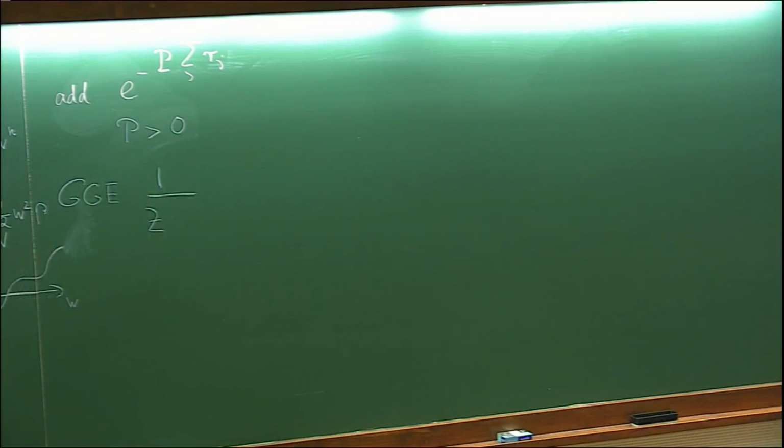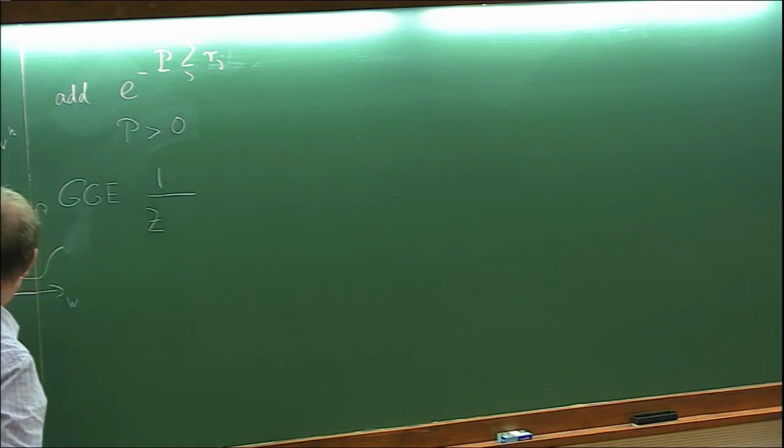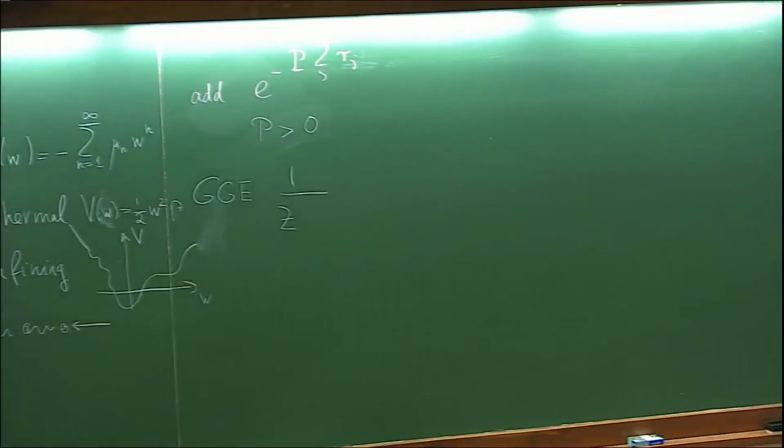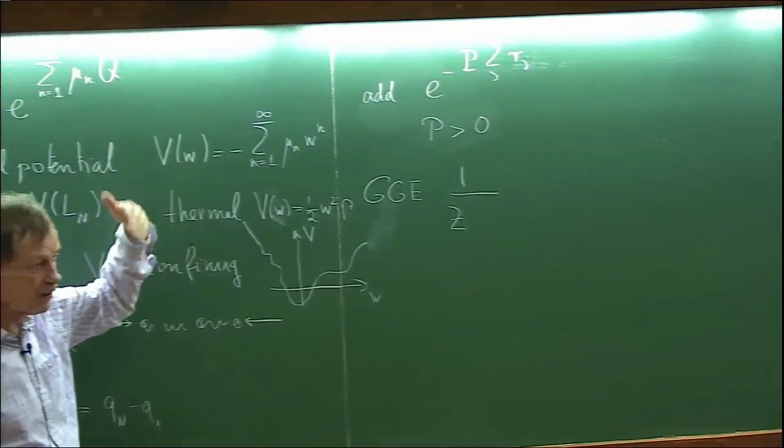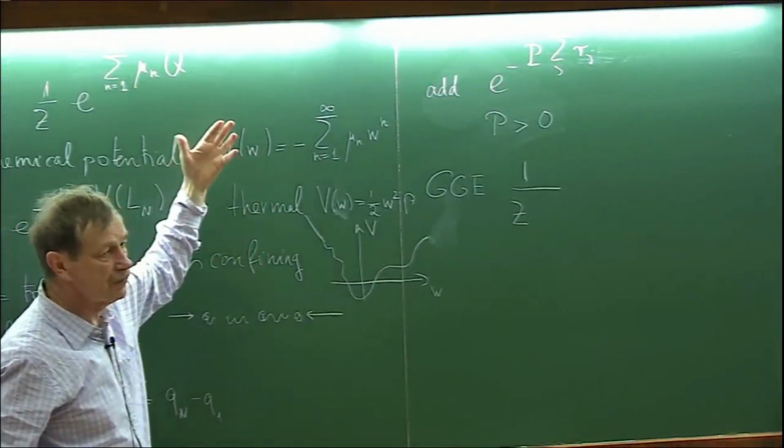You see now the generalized Gibbs ensemble has two parameters. One of them is just the scalar, which is the pressure, which has to be positive. And secondly is a general confining function, right? Of course, because it's a function on R, it's an infinite number of parameters if you want.